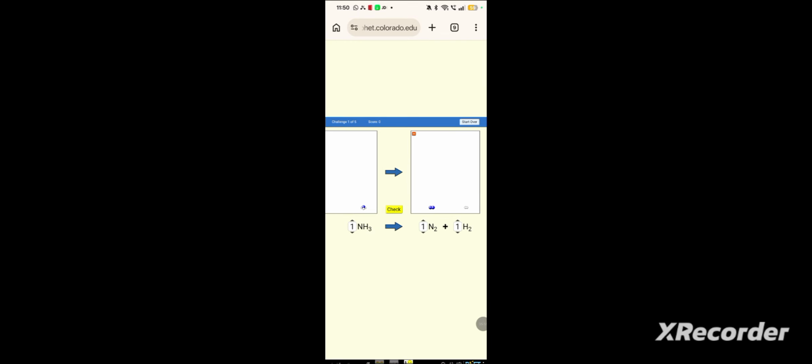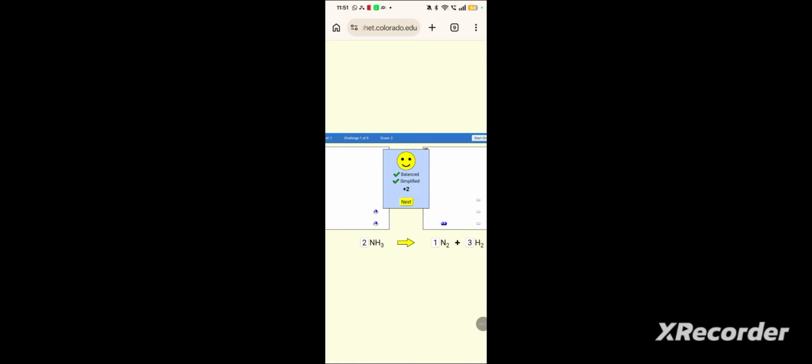Here 2 nitrogens are in the products, but the reactants have 1 nitrogen. So we increase the nitrogen number, so 2 nitrogens balance both sides. Next, hydrogen. The reactants have 2 into 3, 6 hydrogens, but the products have 2 hydrogens. So the hydrogen in the products is increased. Now we check this: 3 hydrogen molecules, 3 into 2 is 6. Okay, check. Balanced, simplified. Okay, next question.